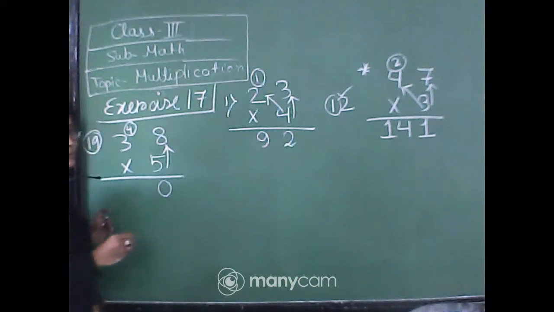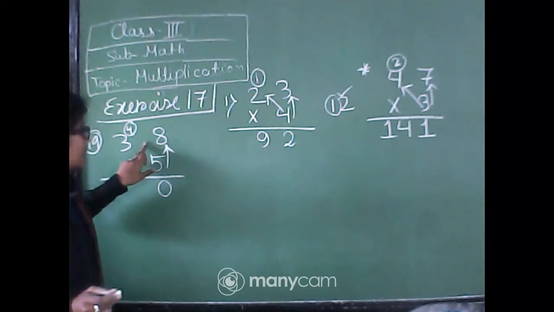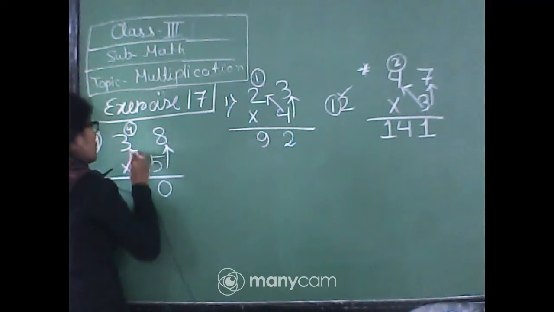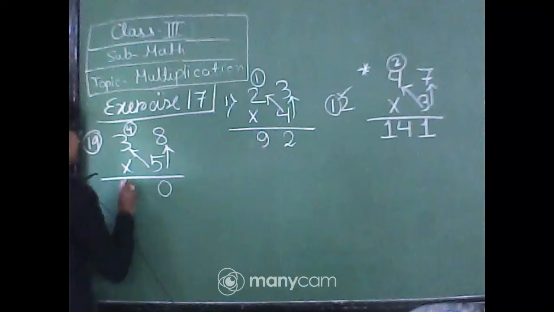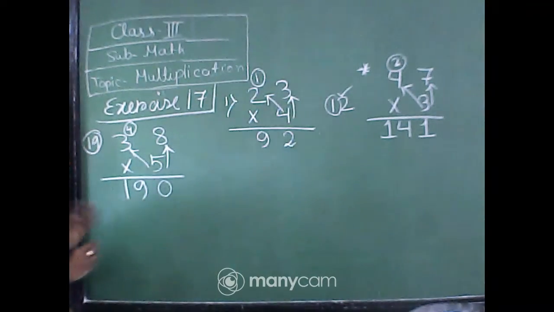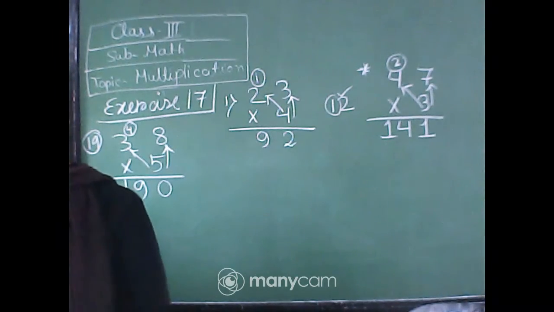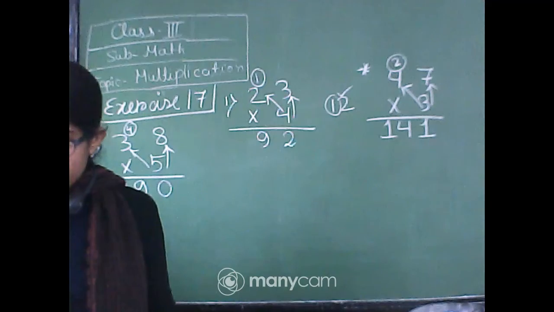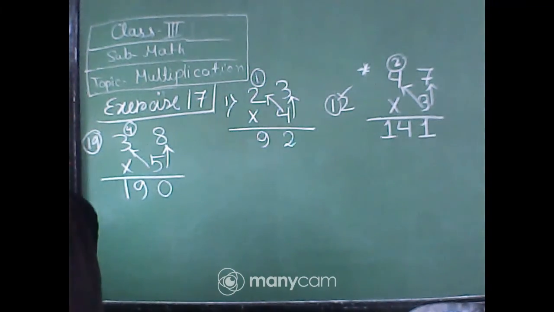If you think you couldn't remember the carry, then you should write down the carry number on top of the next number. Now 5 3s are 15. 15 plus 4 is 19. So 190 is the answer. In this way you have to do all the maths of exercise 17.